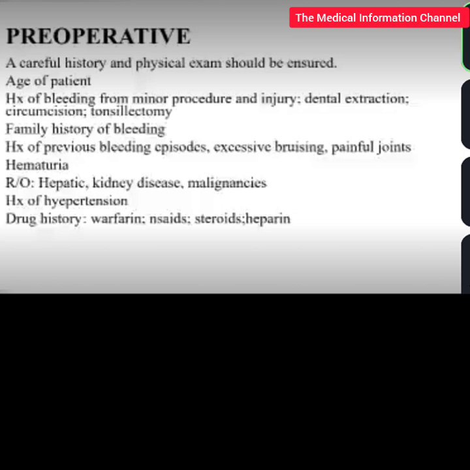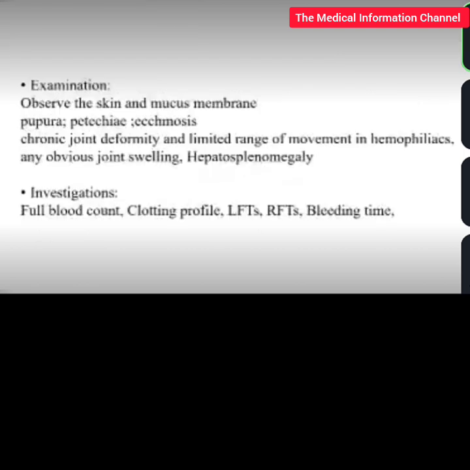And if they are hypertensive, if they are on some of those drugs that can cause any of those abnormalities.